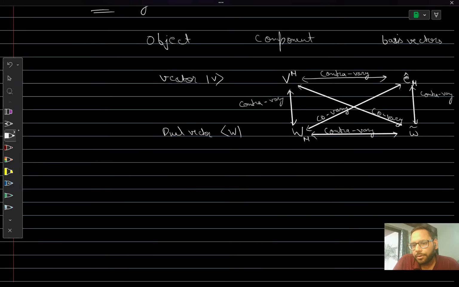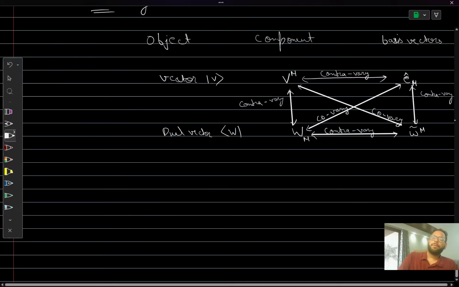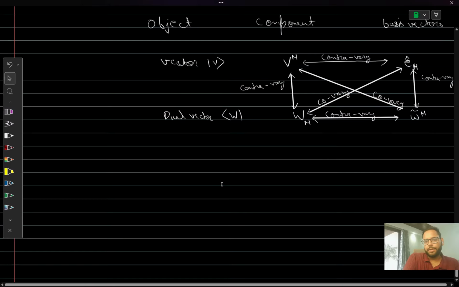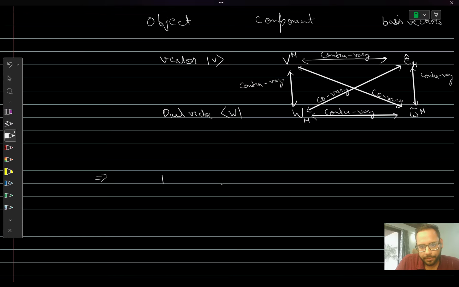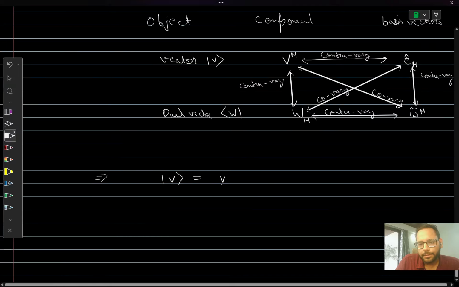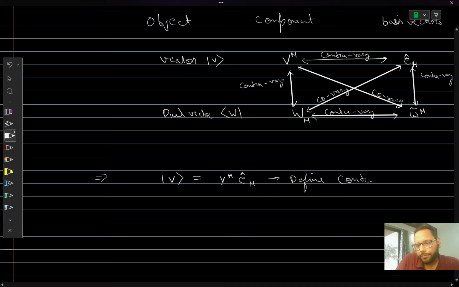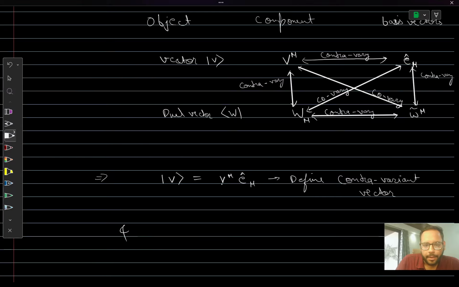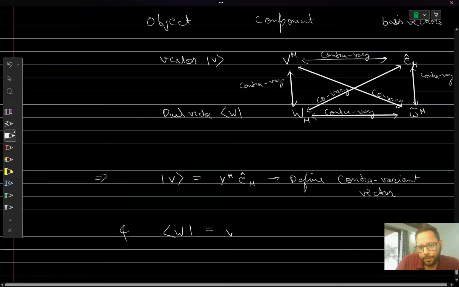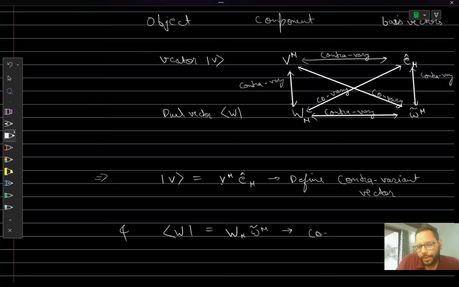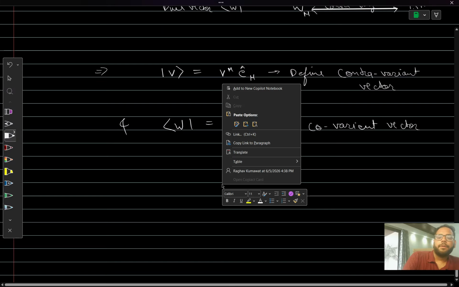Now you understand why we write such vectors like this, and we define these as a contravariant vector, and this as a covariant vector.